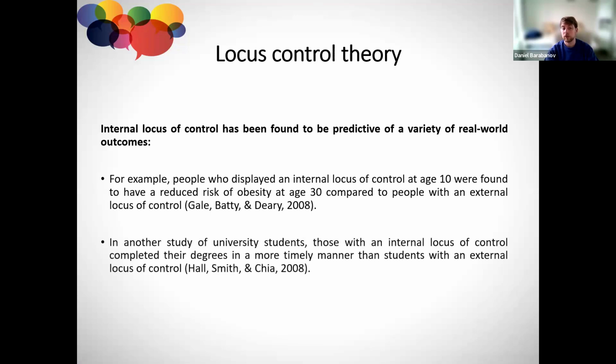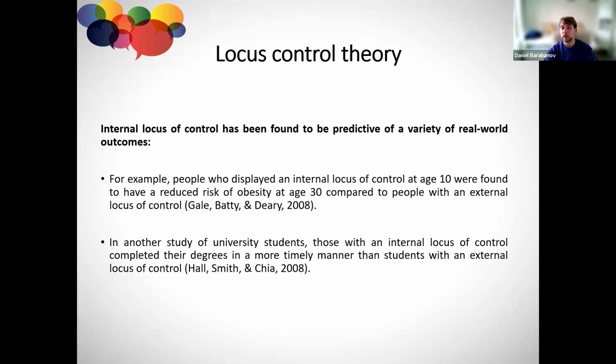In another study of university students with internal locus of control, people completed their degrees in a more timely manner than students with external locus of control, right? And it's logical, because those people think, I influence the situation, I control myself, I control my time, I can do something even if my schedule is too busy, I will be working.